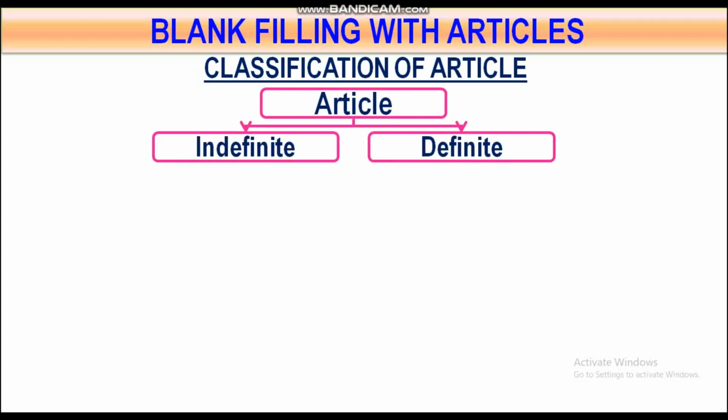Classification of article. Article is of two types. Number 1, indefinite article, and number 2, definite article. Let's know about indefinite article and definite article in detail. Indefinite article.